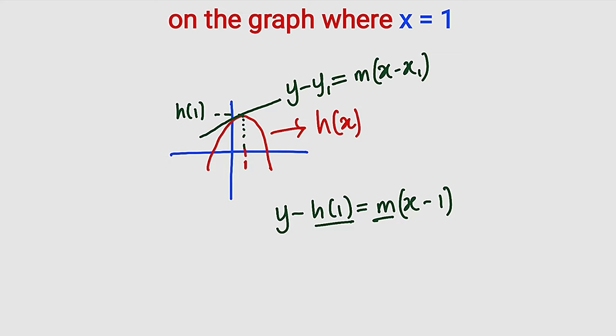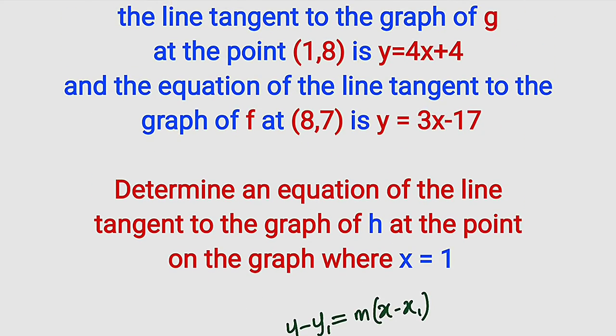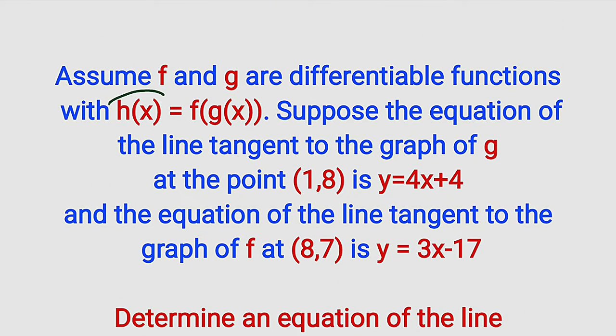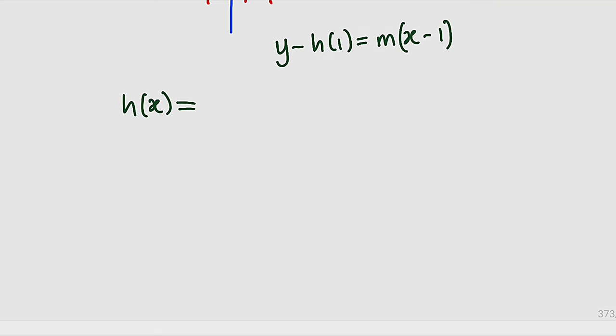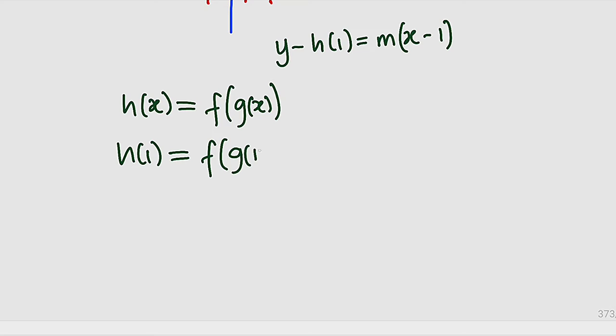Let me start with h of 1. To find h of 1, remember the function given to us is what? h of x equal to f of g of x. Let me write it here. We have h of x equals f of g of x. So h of 1 is nothing but f of g of 1, because x equal to 1.